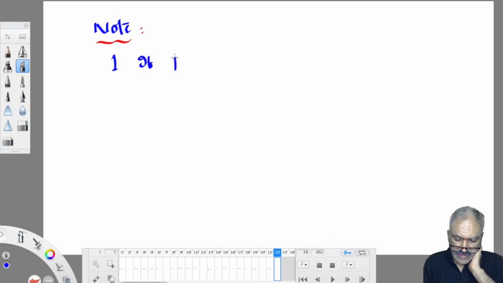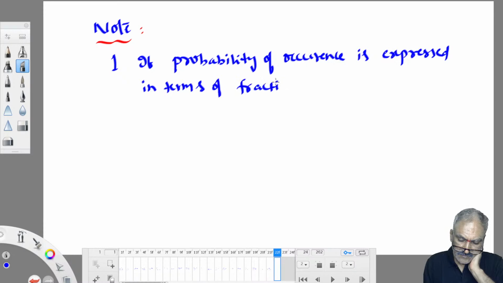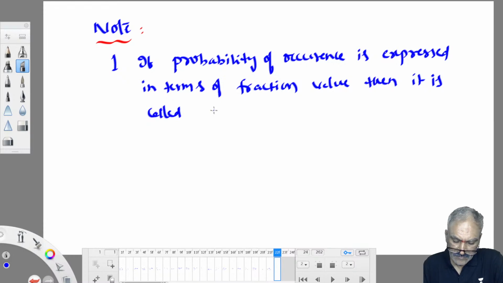If probability of occurrence is expressed in terms of fraction value, then it is called exceedance probability.